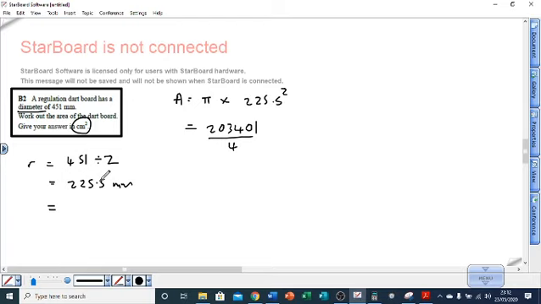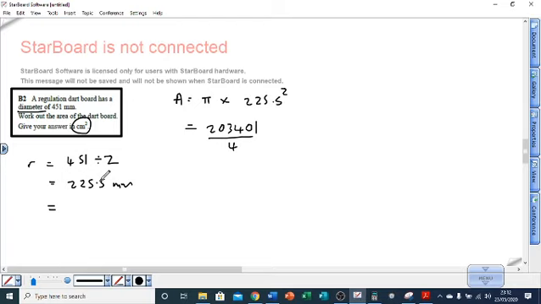To round it, we'd have got 1597.5 centimeters squared. Okay, that's the answer.